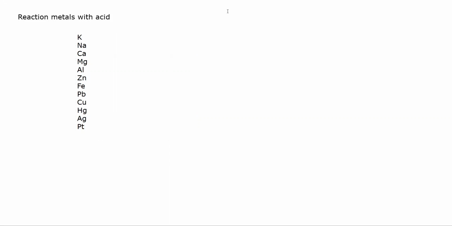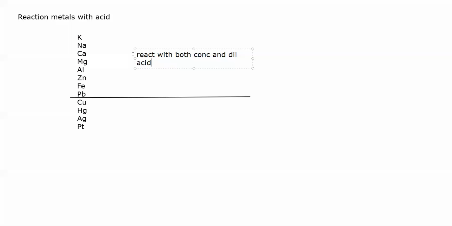So reaction with acid, till lead, they all can react with both concentrated and dilute acid to form salt and hydrogen.